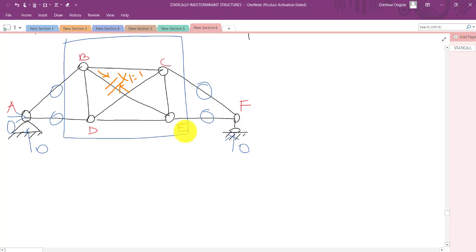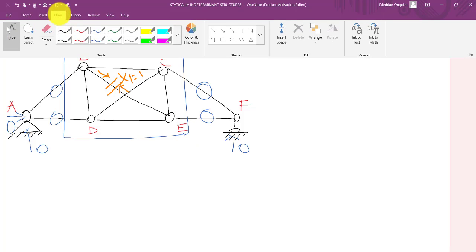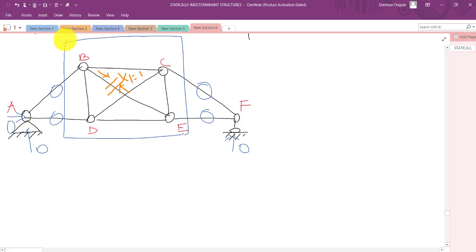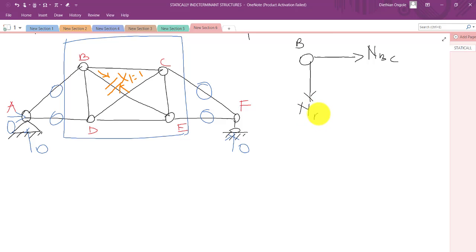To find our internal forces on the remaining part, let's begin by using the joint B. At joint B we have it connected to the rod BC, so the internal force would be N BC, and it's also connected to the rod BD, so it has an internal force N BD. Besides that, it's connected to that slanting rod which has a force of x1 equal to 1, so let me just name it as having a force of 1.